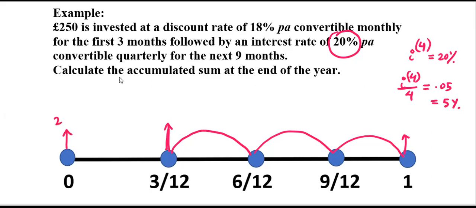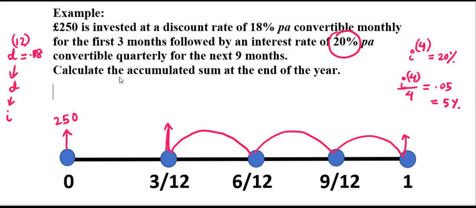Now 250 is deposited with a discount rate of 8% per annum convertible monthly. That means d12 is given here. So d12 is 0.08. If you want, you can find i from d12. From d12 you find d, from d you find i.